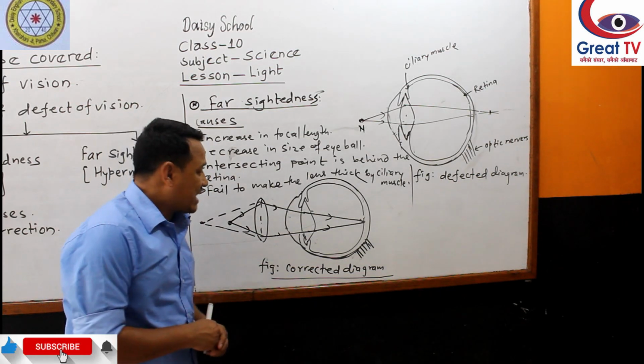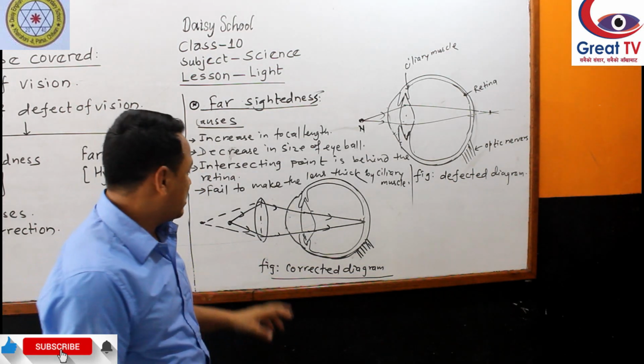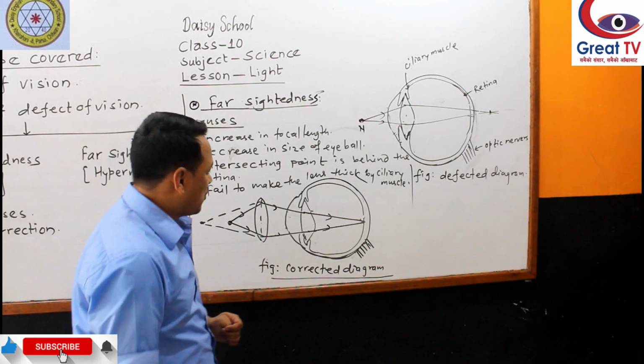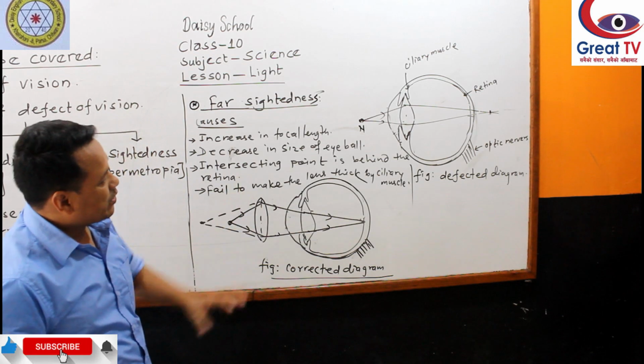In this way, we can see the near object also by using the convex lens. Convex lens means positive power. So, in this way, we can treat it.